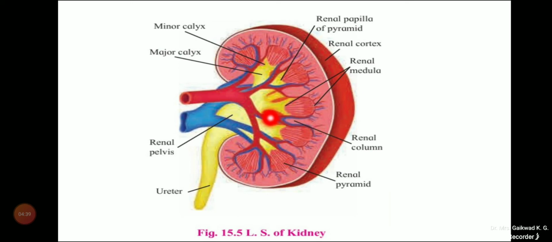The medulla is the inner region of the kidney with pale red color, and it has a striated appearance. The medulla mainly consists of the loop of Henle, and again the medulla contains the collecting ducts.